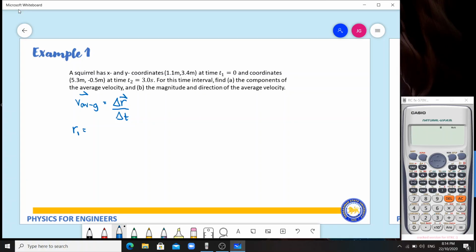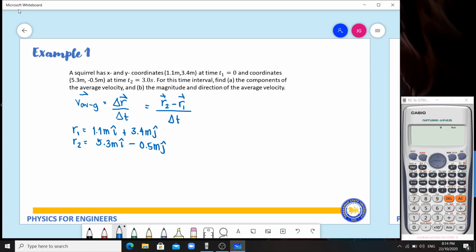position vector r1 as 1.1 meter i plus 3.4 meter j, and we have r2 as 5.3 meter i vector plus negative 0.5 meter j. Okay, so the average velocity is delta r, that is r2 minus r1 over delta t.